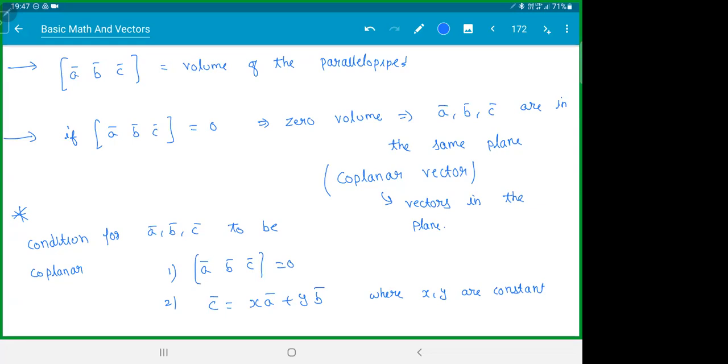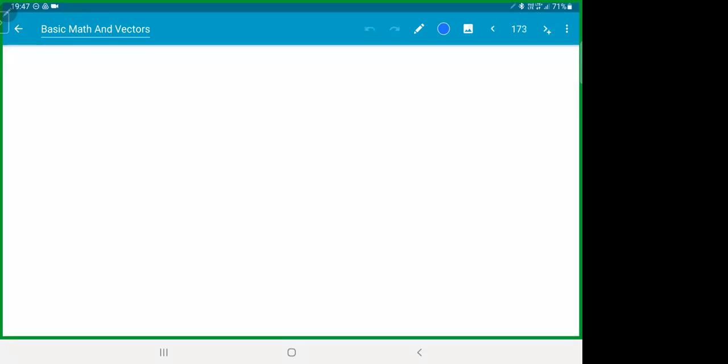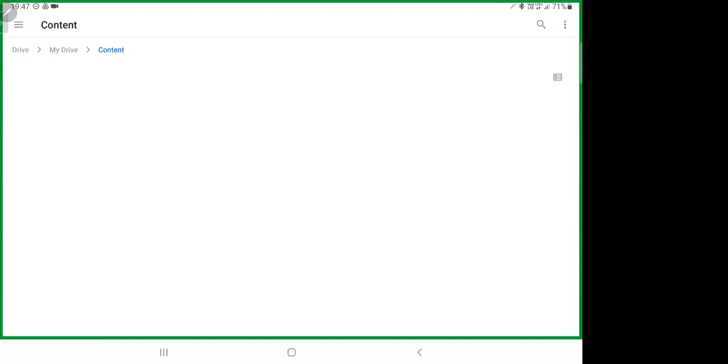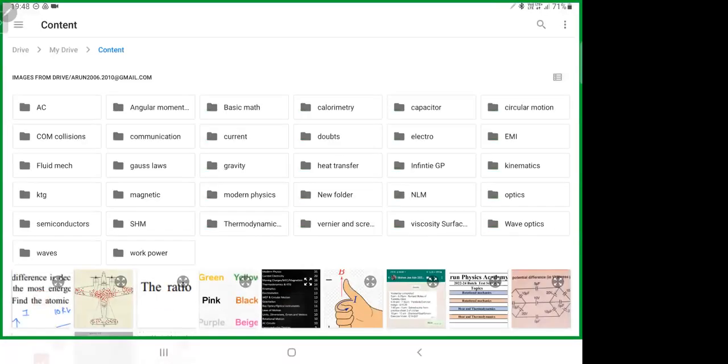What do you mean by non-coplanar? Do you remember that thing? I'll show you once. How does a non-coplanar thing look? That tetrahedron, if you remember, was actually non-coplanar.